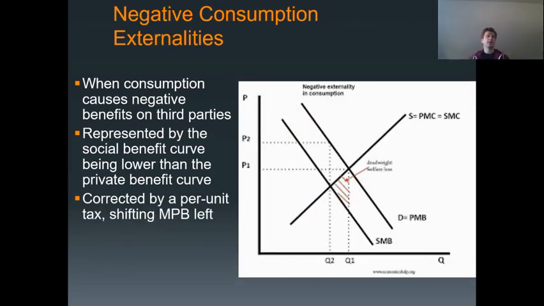Now, we also have negative consumption externalities. Negative consumption externalities is when your consumption of something causes negative benefits on third parties. So when you cause negative benefits on third parties, now our social benefit is less than our private benefit. So here is our private benefit line. That is our private demand.